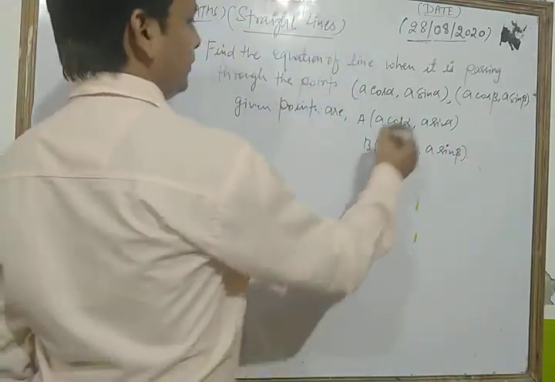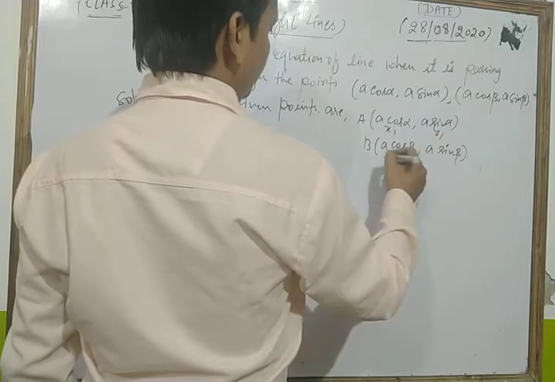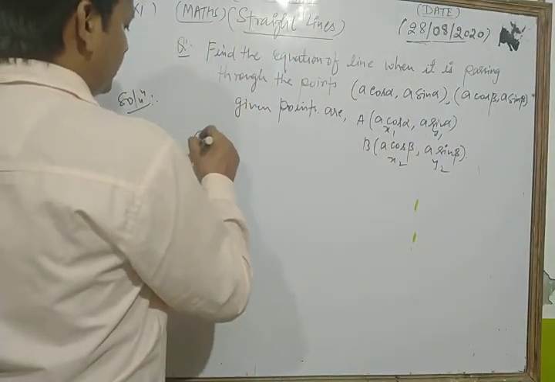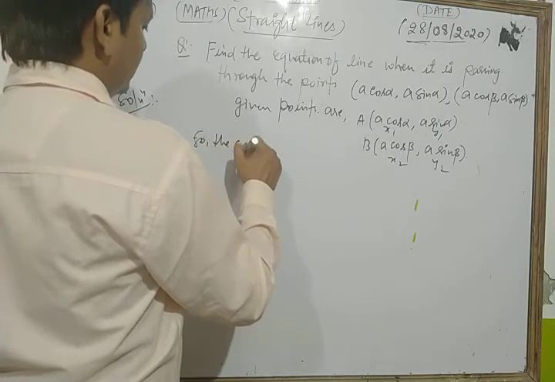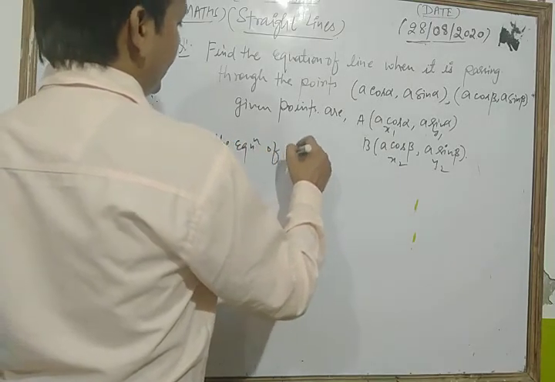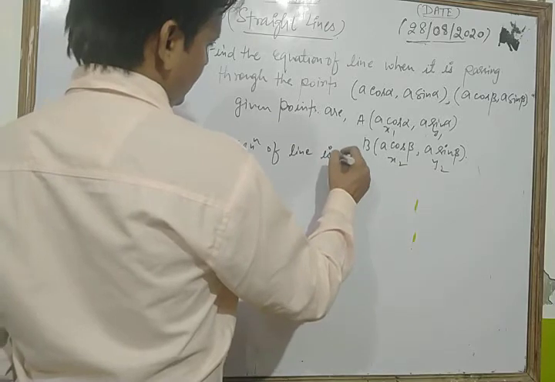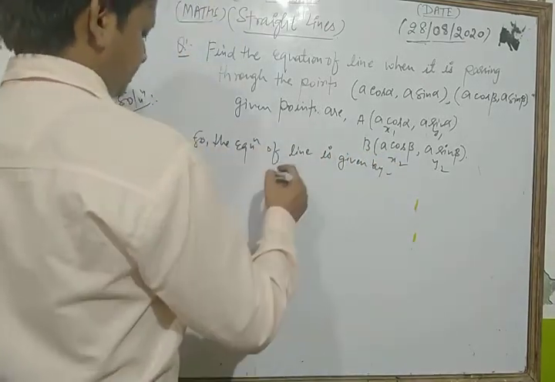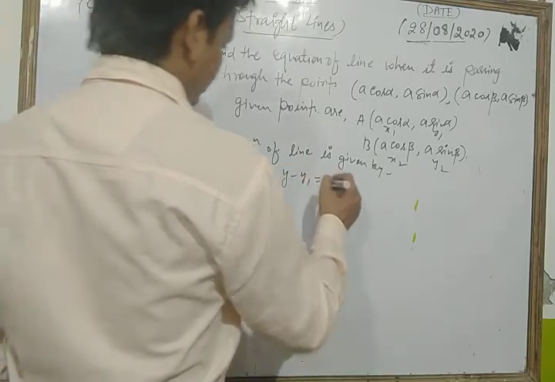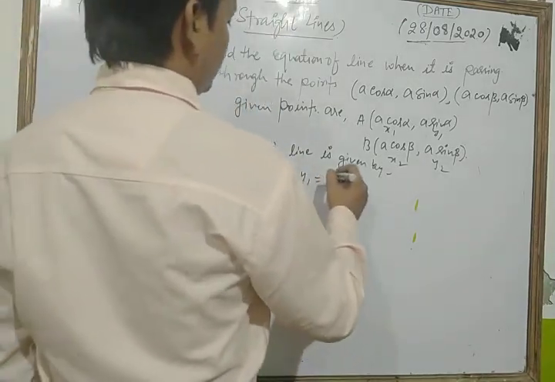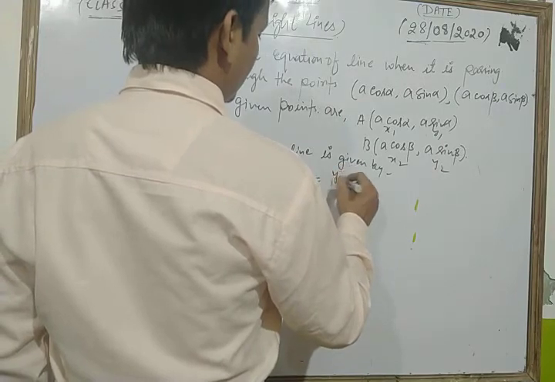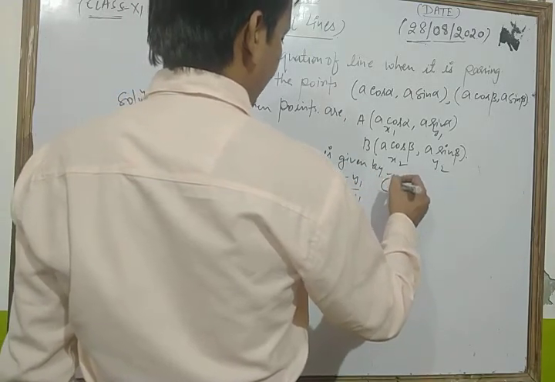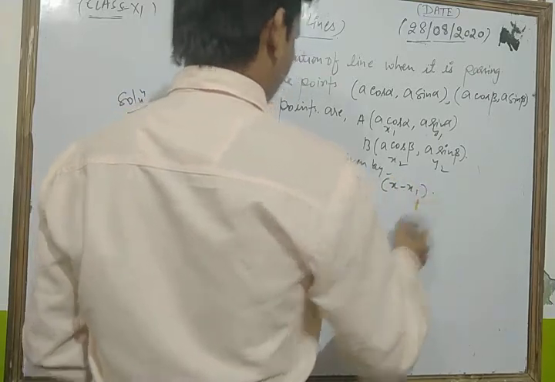Now let's take these as x1, y1, x2, y2. Since we know that the equation of a line is given by y minus y1 is equal to y2 minus y1 upon x2 minus x1, into x minus x1.